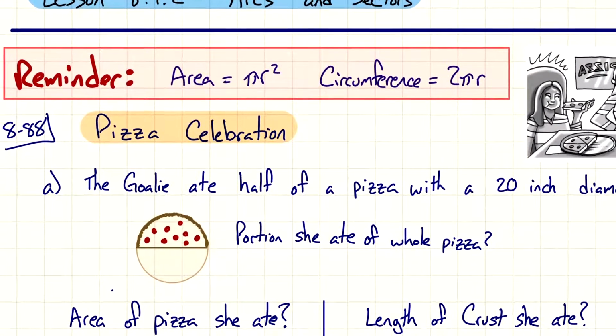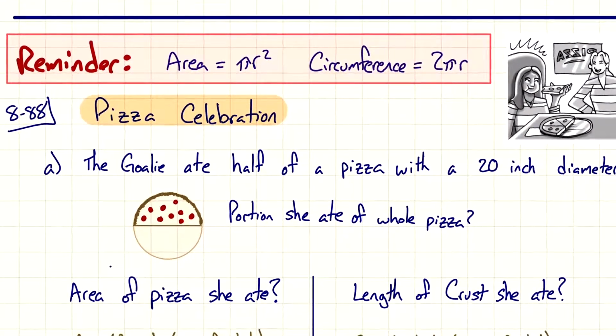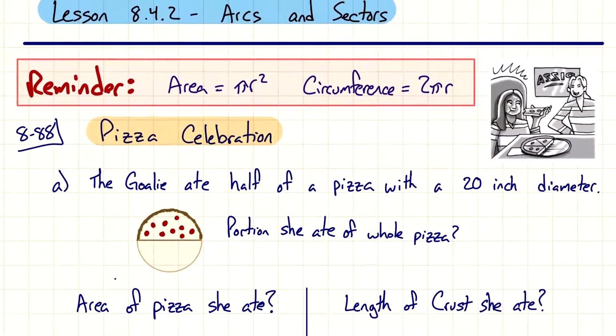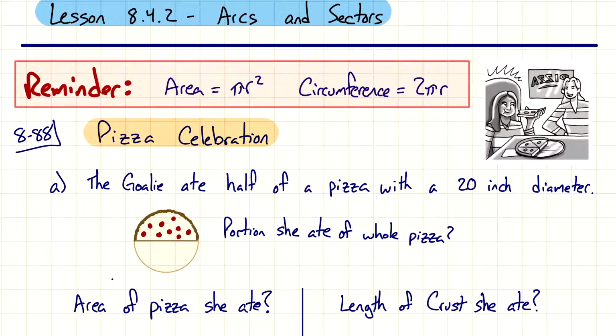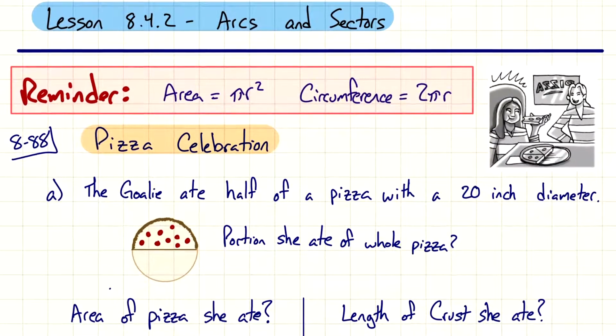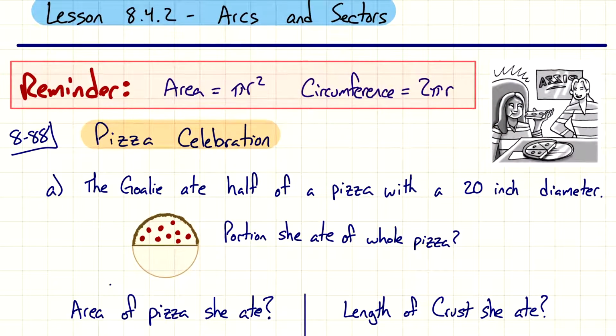Okay, so we're going to start with a common problem. And since we are talking about circles, talking about a pizza makes perfect sense for us. So we are going to be trying to utilize these formulas.